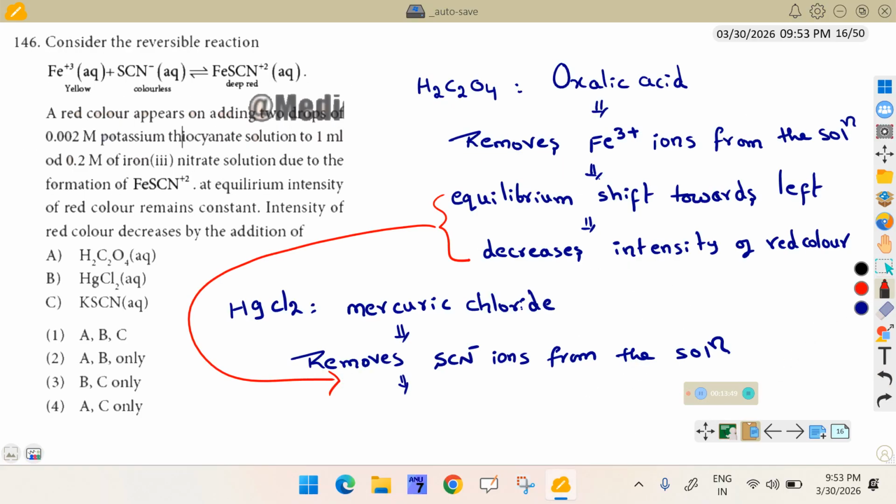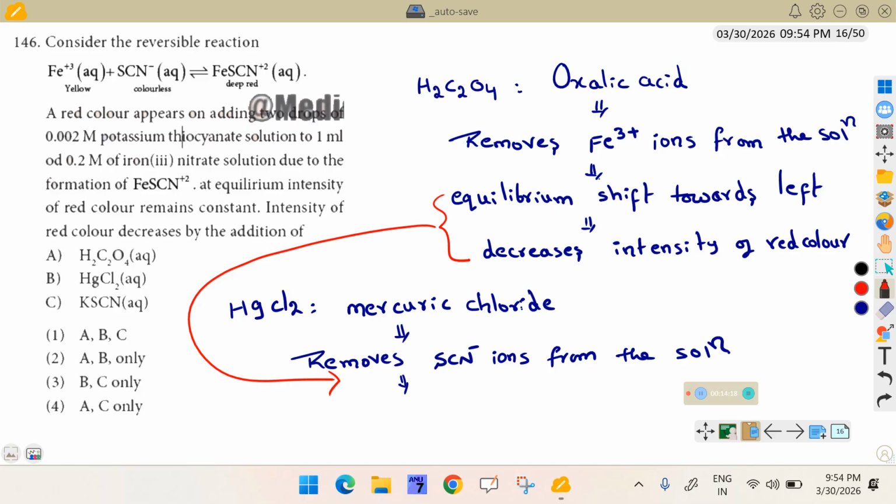Consider the reversible reaction Fe3+ plus SCN- gives rise to FeSCN2+. A red color appears on adding 2 drops of 0.002 molar potassium thiocyanate solution to 1 mole of 0.2 molar iron(III) nitrate solution due to the formation of FeSCN2+.